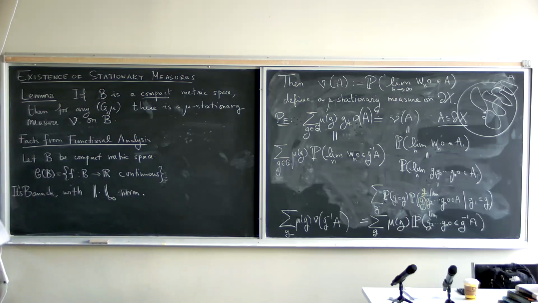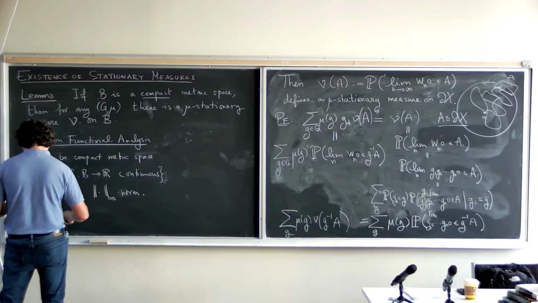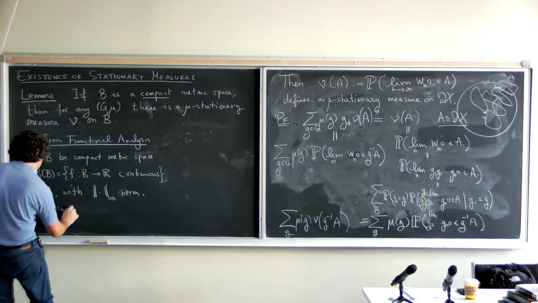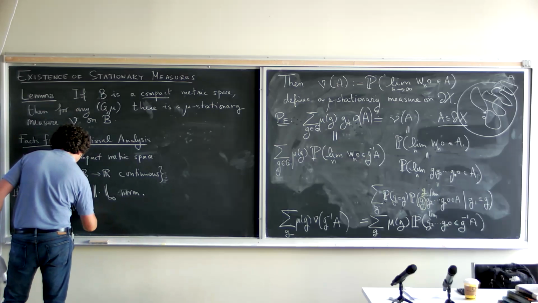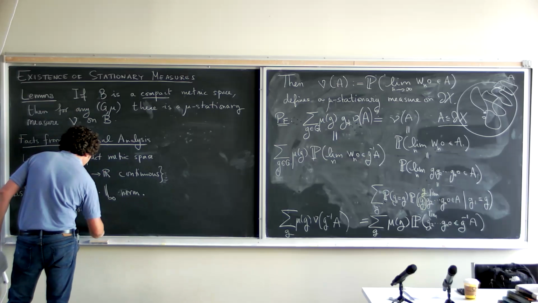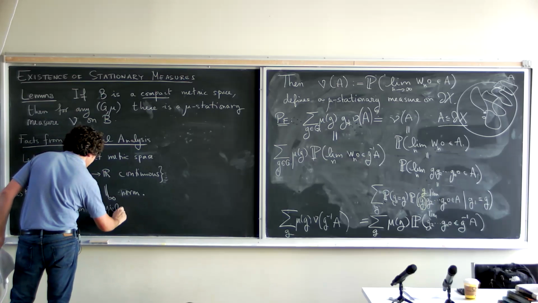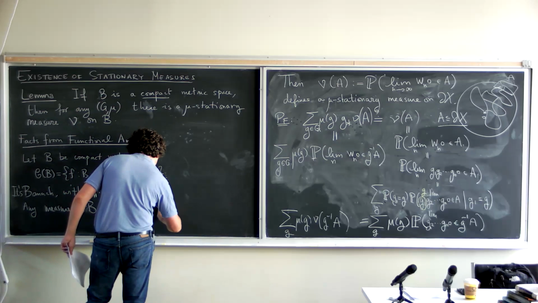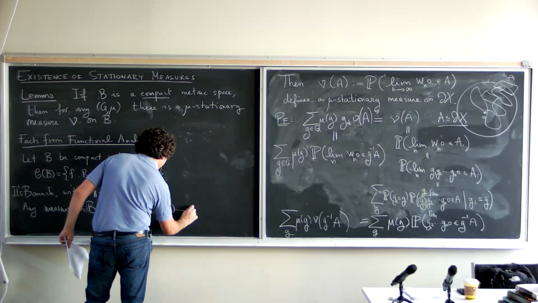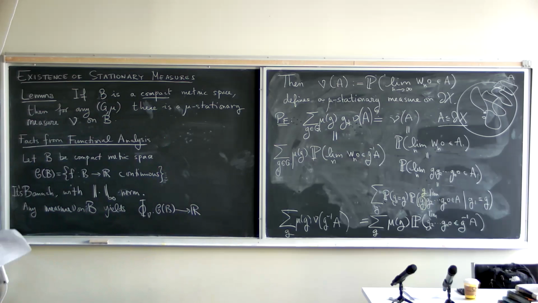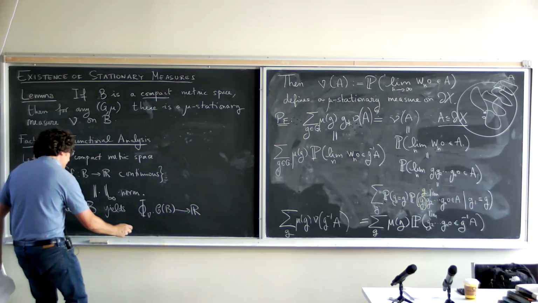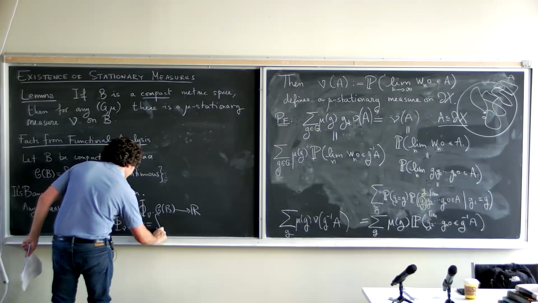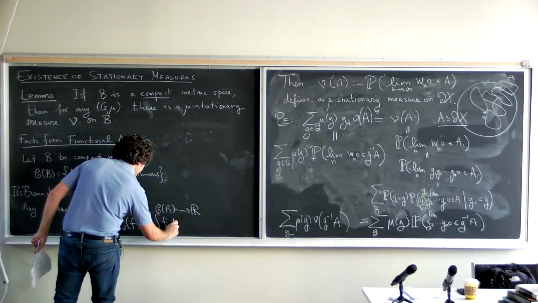And any measure gives rise to a function here. Any measure nu on B yields a functional psi_nu from the space of continuous functions on B to R, which is given by integrating: psi_nu of f is the integral over B of f d nu.